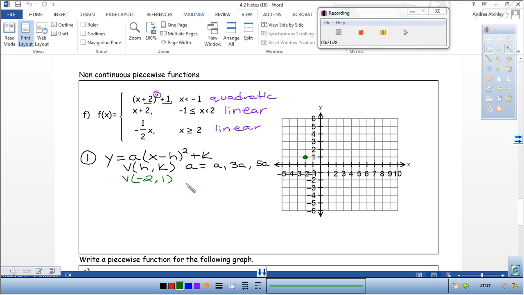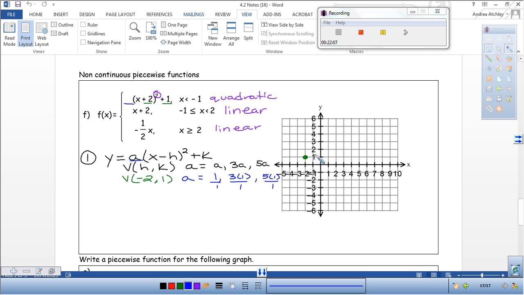Okay, now our a value. Our a value is the number in front of the parentheses. Very good, it is 1. There's nothing there, so that's the number 1. So it's 1, and then 3 times 1, and this is always over 1, and then 5 times 1 over 1.